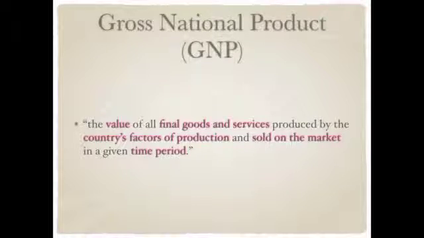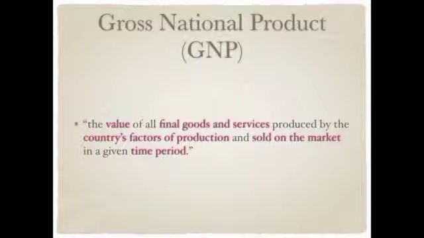So realize that it's the final goods and services, that the intermediary transactions that occur prior to that final sale are not included because those costs are included in that final price.